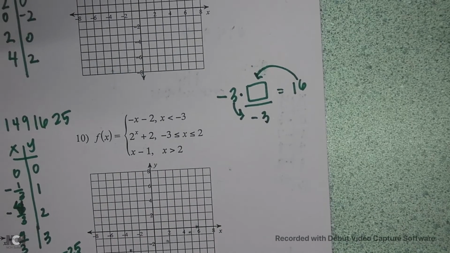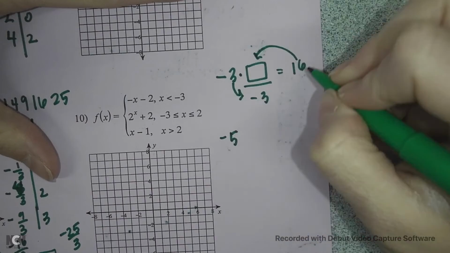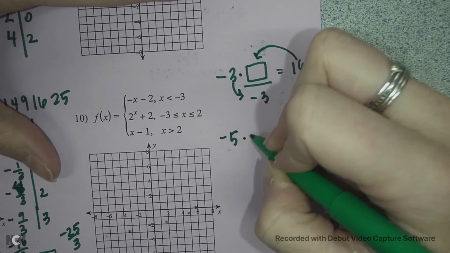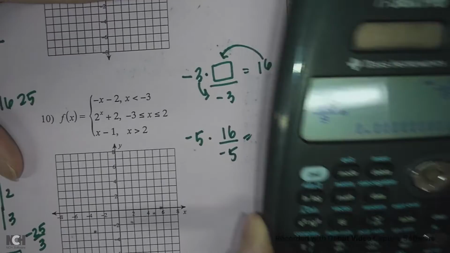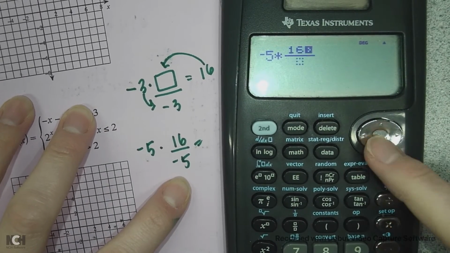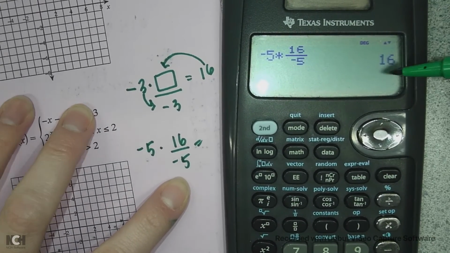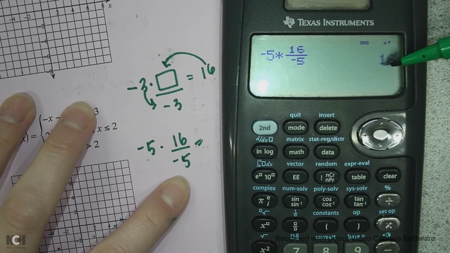And then you will get 16 every single time. And it works for all the things. So like if it's -5 and we're trying to get 16, we would do -5 times 16 over -5. And then we get our 16 because our fraction rules say that the -5s will cancel, leaving our number.